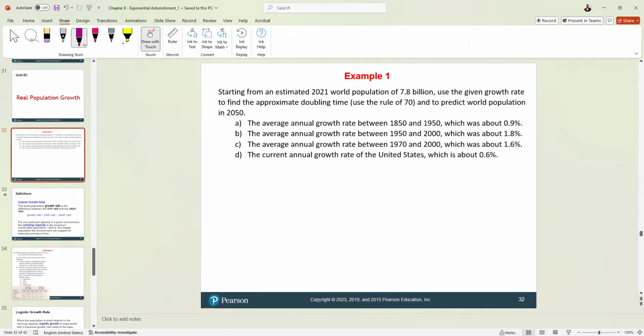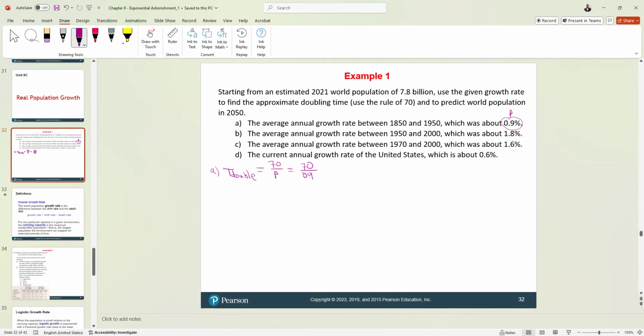So first of all, if we go with A, we see T double. If we use the rule of 70, so 70 over the percentage P. Remember, this is the percentage P, right? So we're gonna go with 70 over the percentage P, 0.9%.